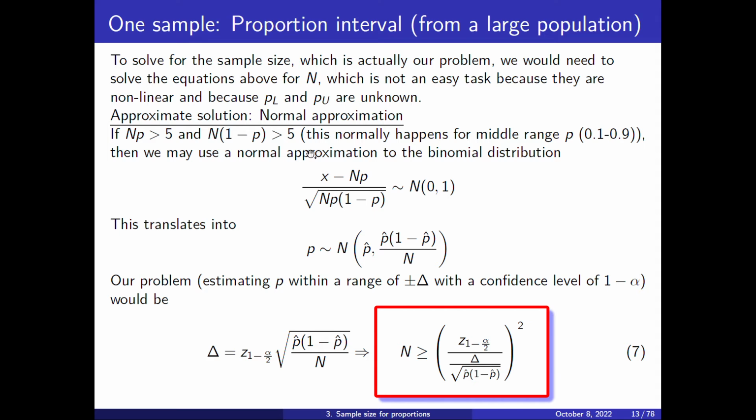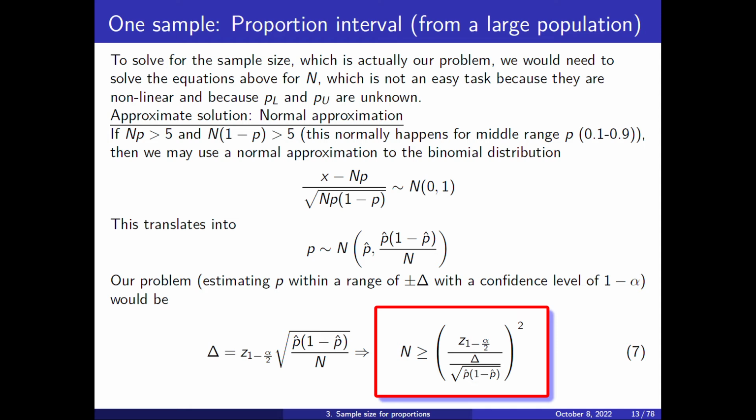This normally happens for p's within the range between 10 and 90%. If that happens, then this calculation is distributed as a 0-1 Gaussian, and that translates into P being distributed as this thing. This is a relatively famous result in statistics.